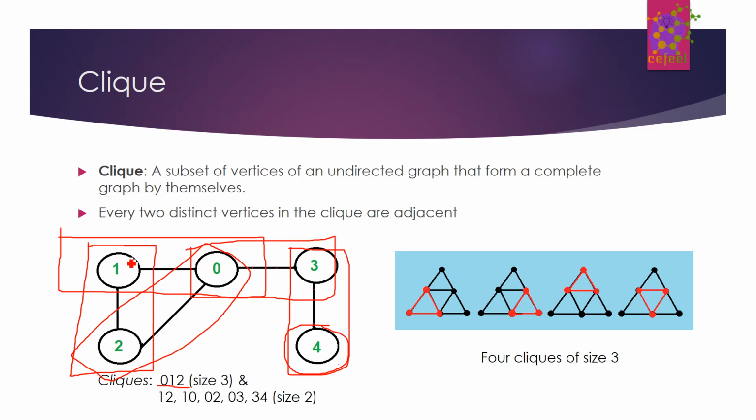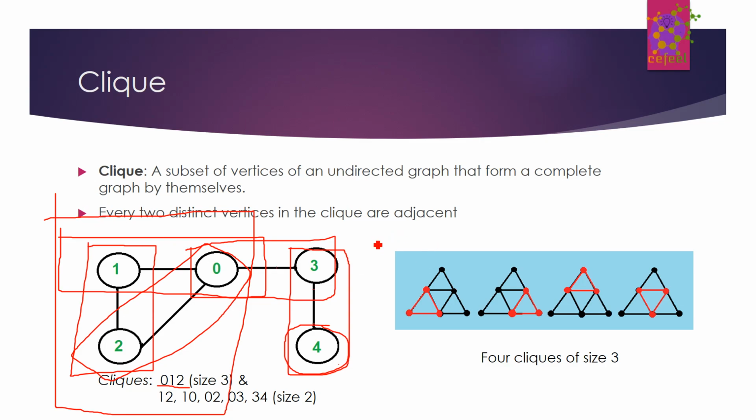We have highlighted here 0, 1, 2, where each vertex is connected to every other vertex and the subgraph is a complete graph. So 0, 1, 2 is a complete graph and a clique of size 3.